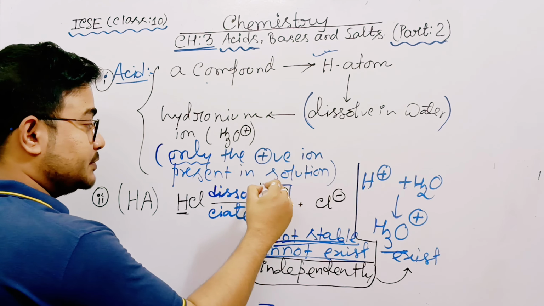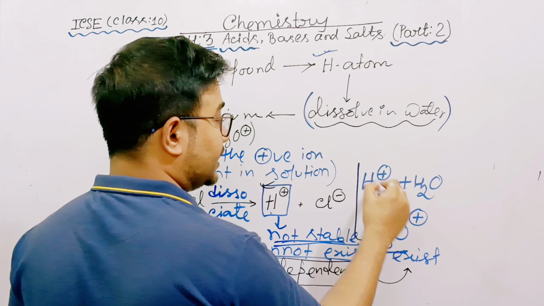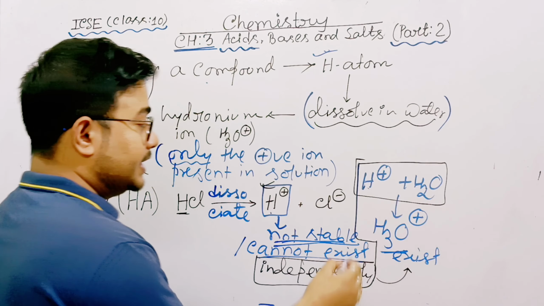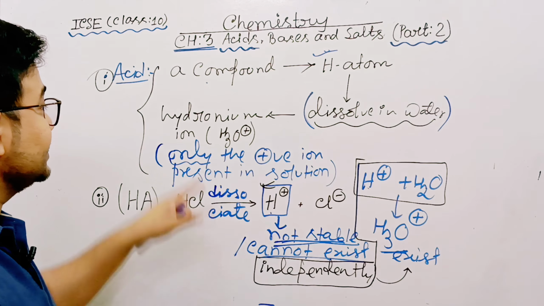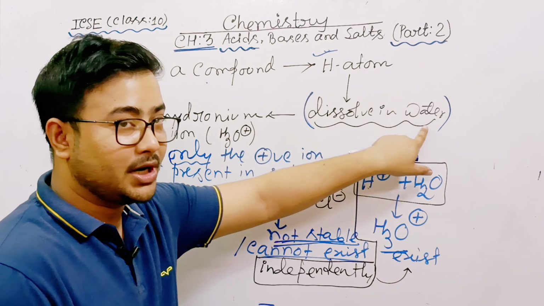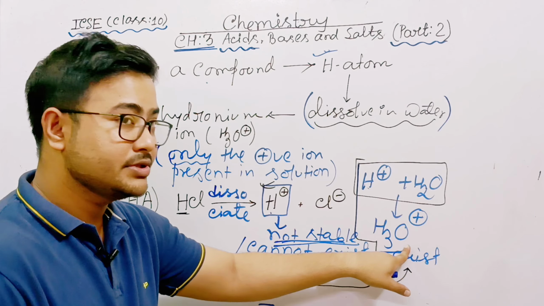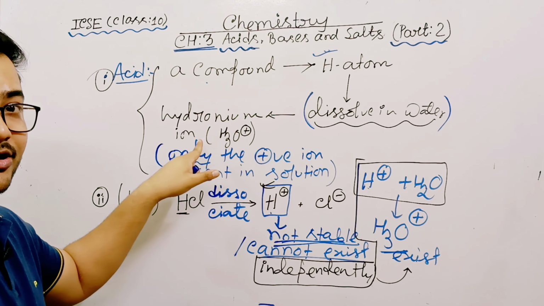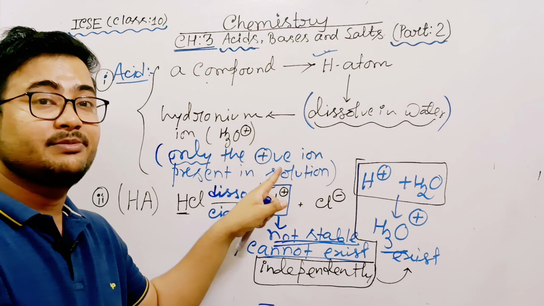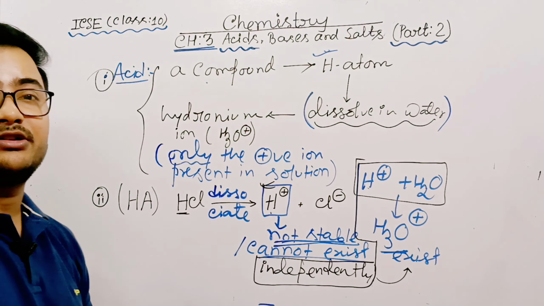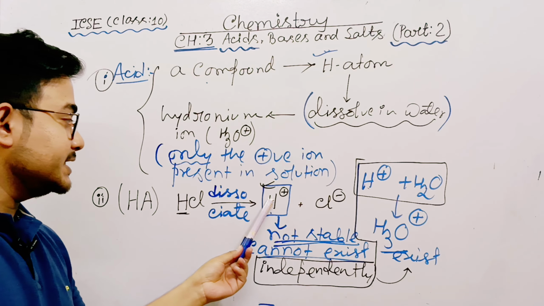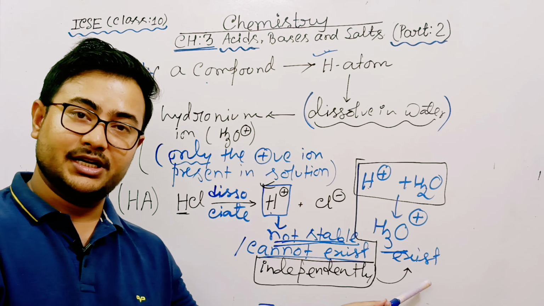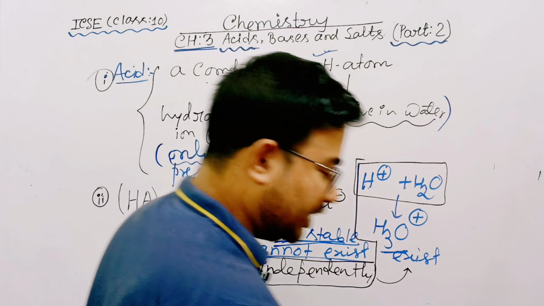Which one? This H plus when dissolved in water will produce H3O plus, the hydronium ion, which is the only positive charge. So this is the concept. Do you understand? Okay, now our next point.